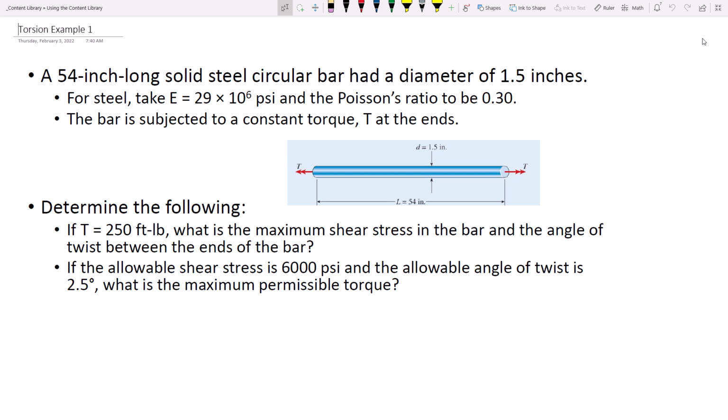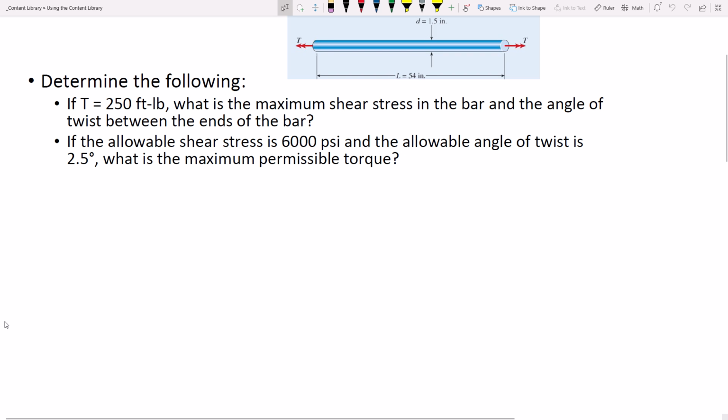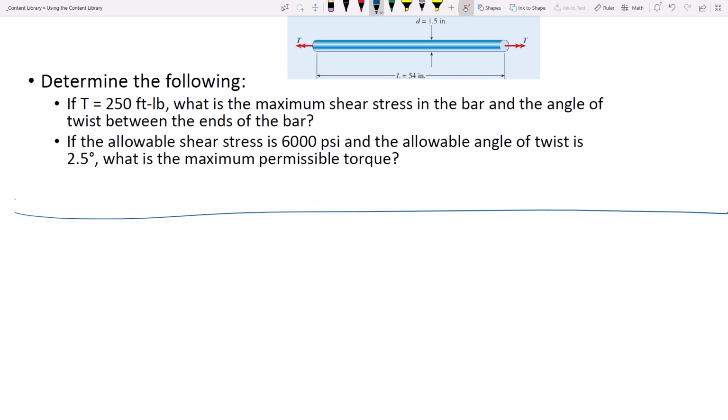All right. So we have a 54-inch solid circular steel bar, and it has a diameter of 1.5 inches. So we have L is 54 inches.